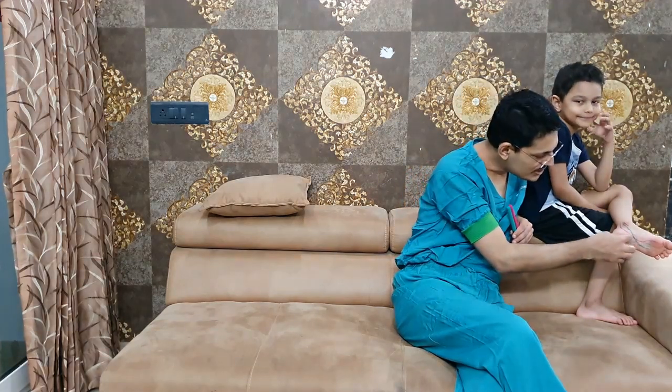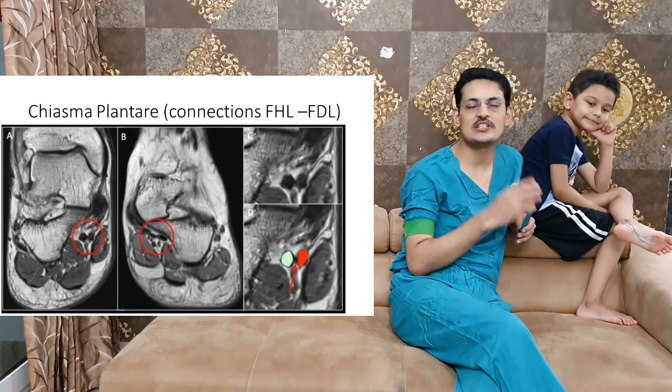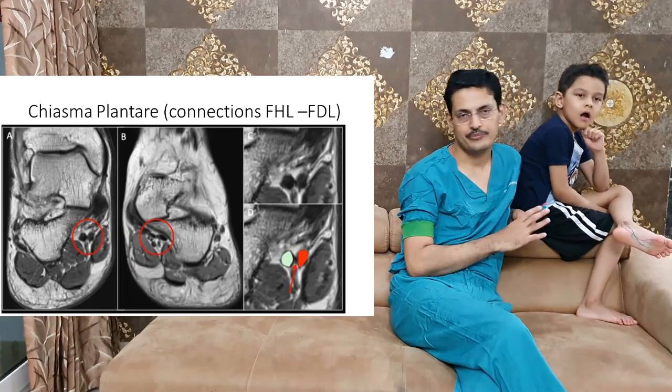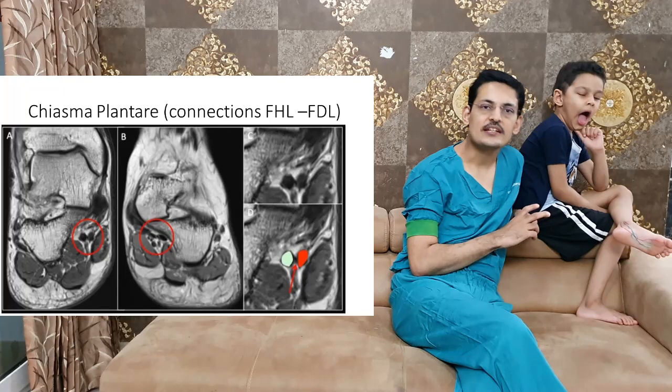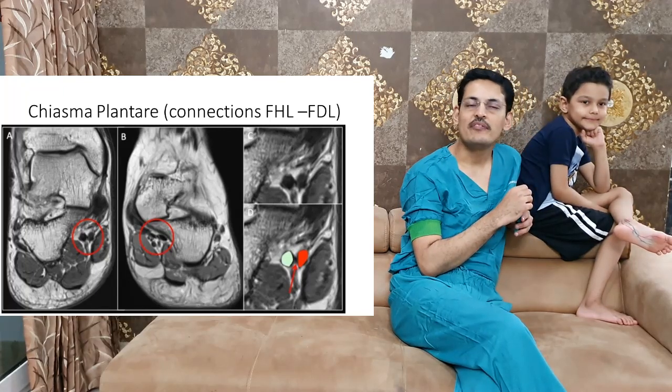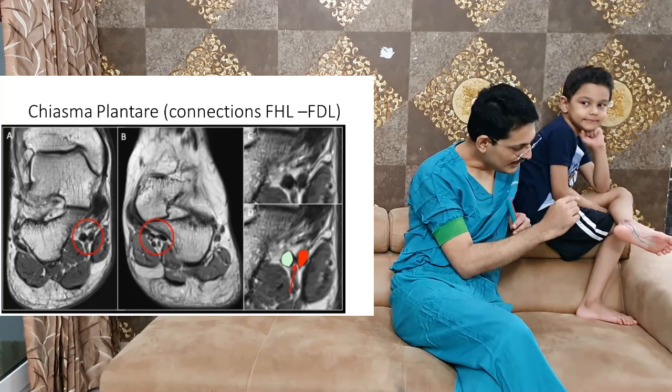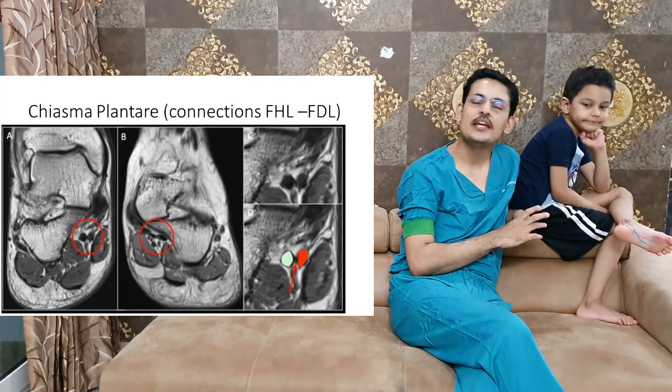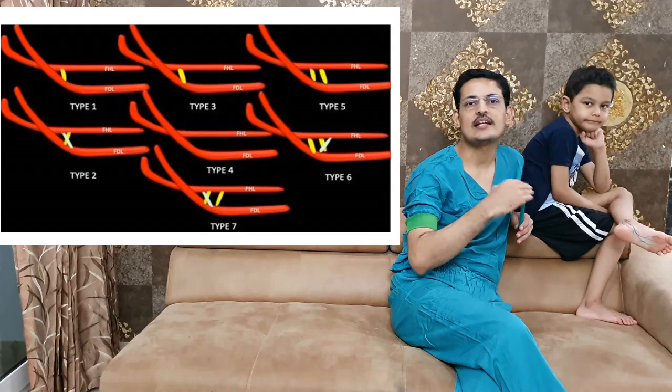Now regarding the anatomy, as we all know, the master knot of Henry is the crossing of the FHL and the FDL, and this was first described by Sir Henry, and he described that there is a fibrous tendinous connection between the FHL and FDL, and he named it the chiasma plantaris, and there are different patterns that he described.